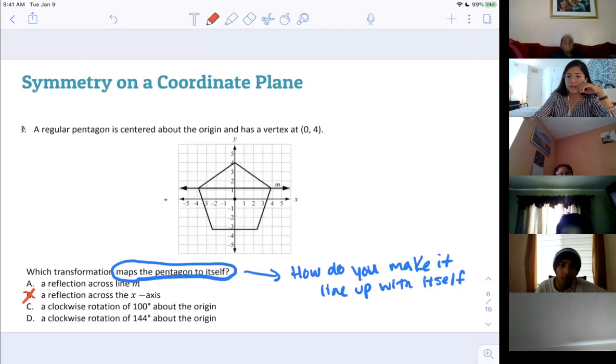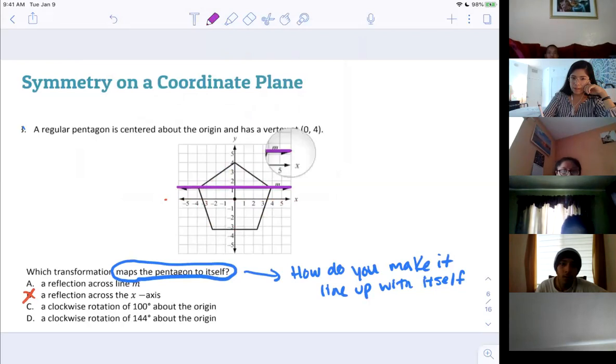All right, so let's go through them together. Okay, a reflection across line M. Here's line M. If I fold it along this line, will it line up with itself?